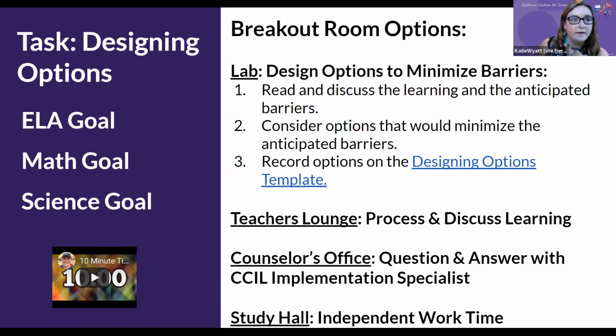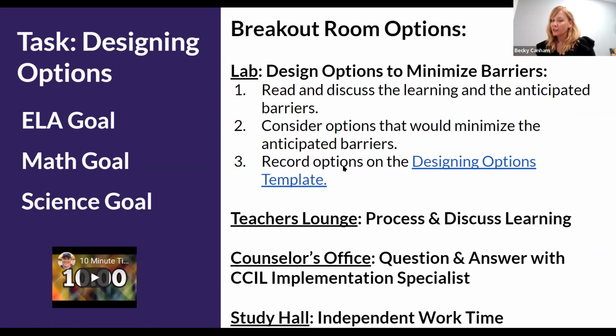And so again, you can choose the room that you would like to go and process in. So if we can pop up those options again. Our new option for our rooms is a lab room. This will be the room if you would like to go through the process with the ELA goal or the math goal or the science goal.